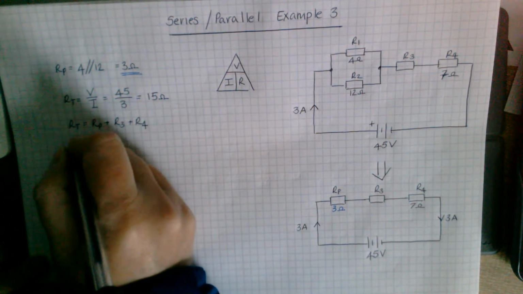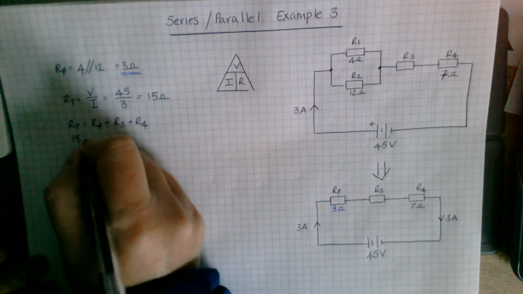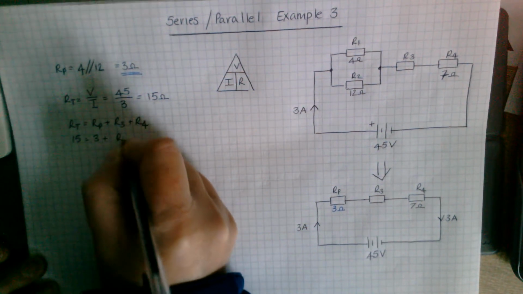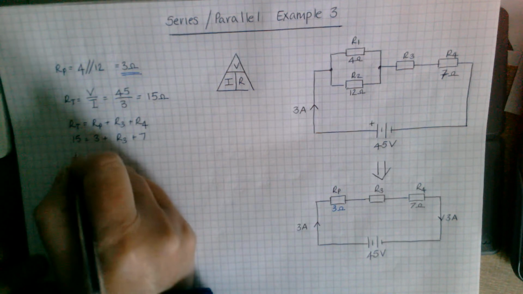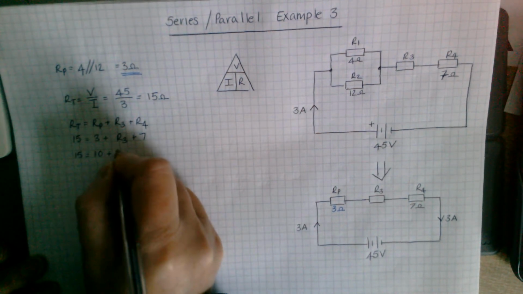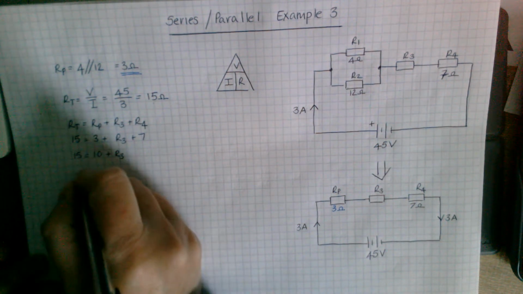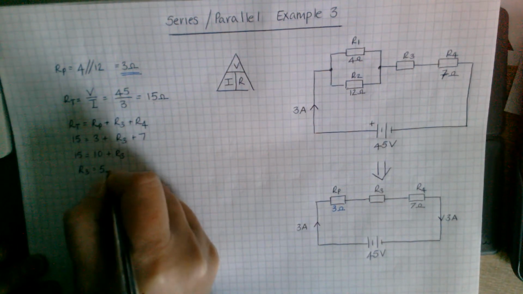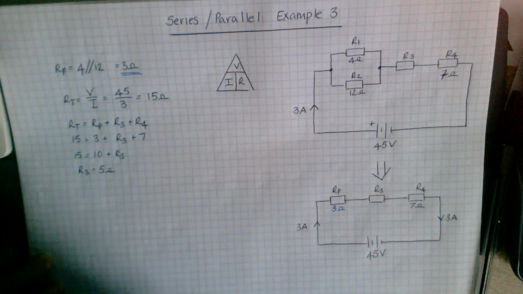So our total, 15, which we got from here, is equal to RP, 3, plus R3, our unknown, plus R4, 7. So 15 equals 3 and 7 is 10 plus R3. So R3 must be 5. Which would be R3 equals 5.